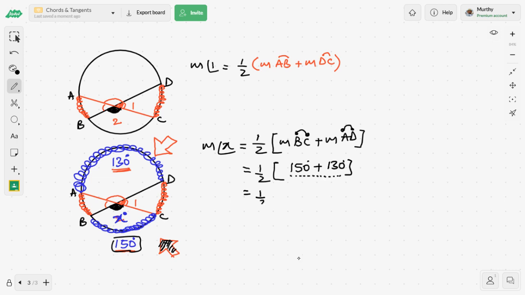So I get that 150 plus 130, that is 280 degrees. Half of 280 degrees equals 140 degrees. Therefore, the value of x equals 140. Therefore, you can see that x value is given here and you are asked to compute. As simple as that. Okay. Any questions on this?